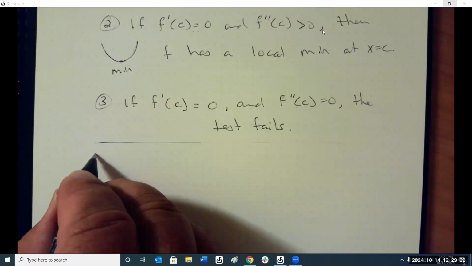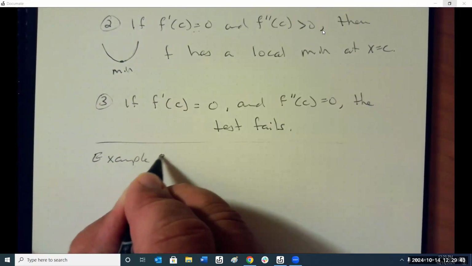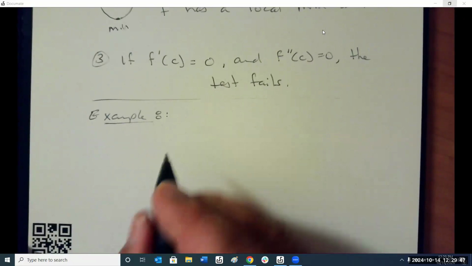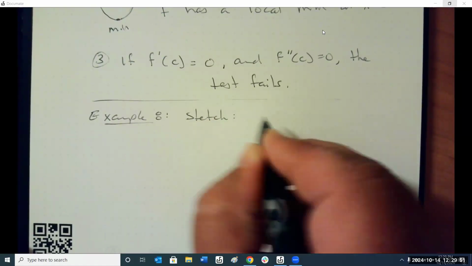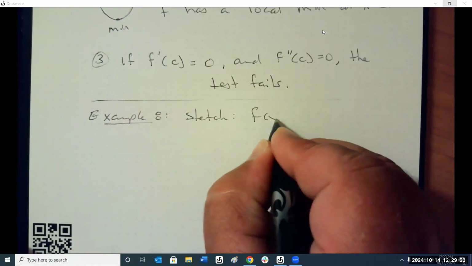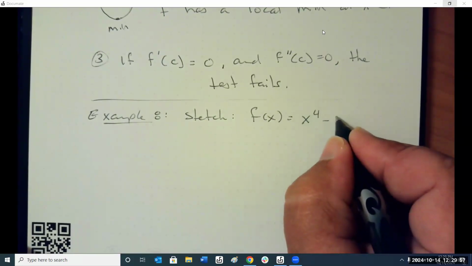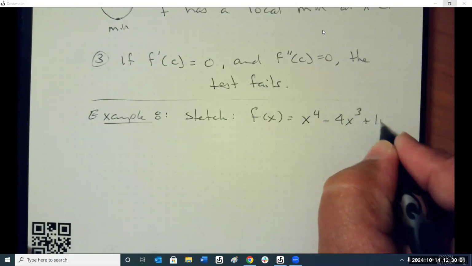All right, example 8. Let's sketch f of x equals x to the fourth minus 4x cubed plus 10.